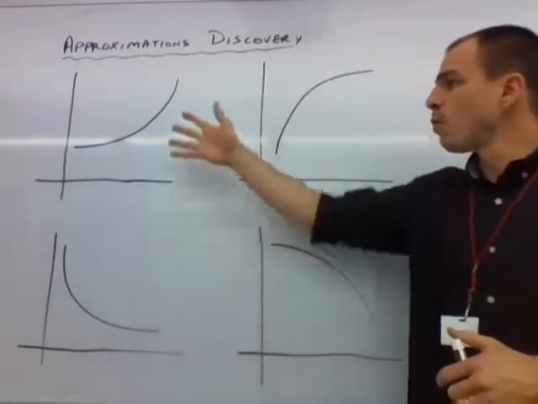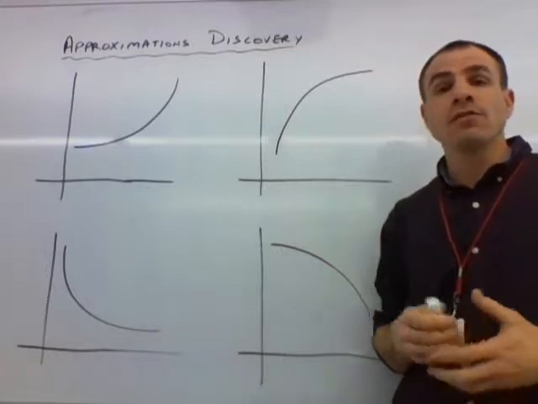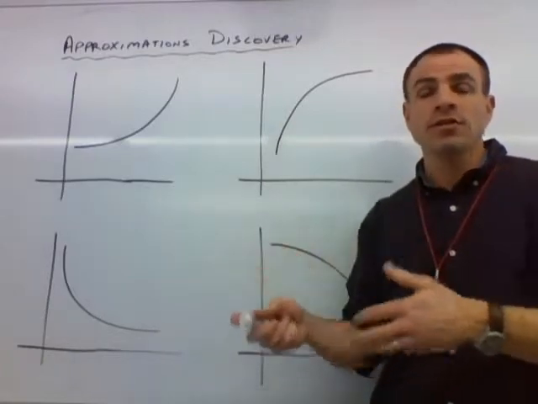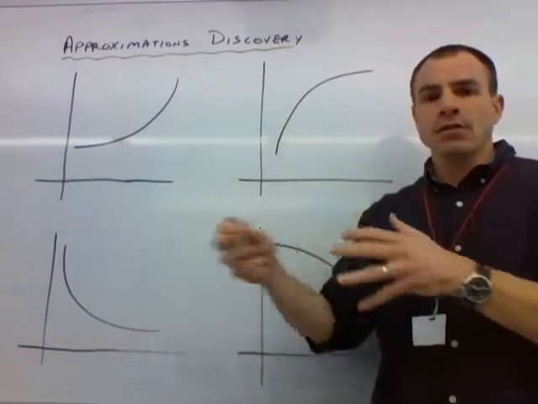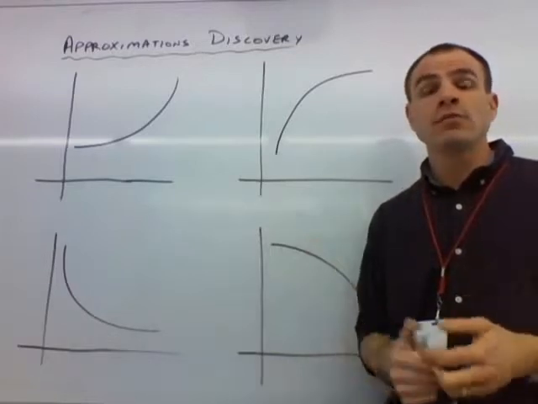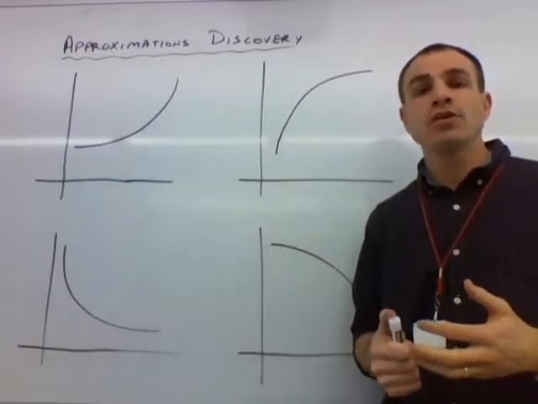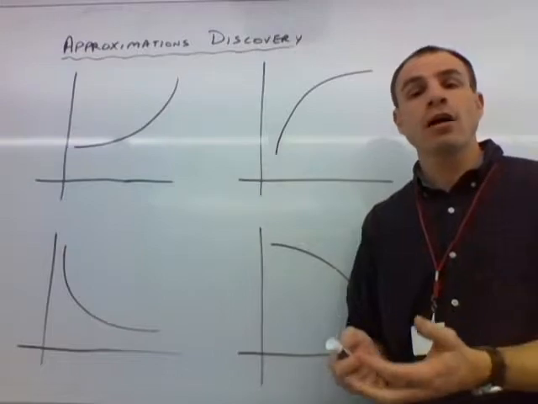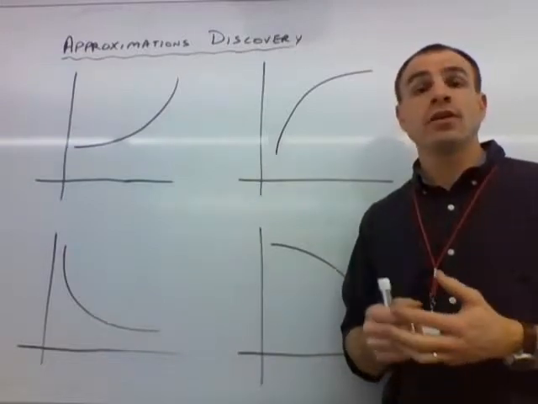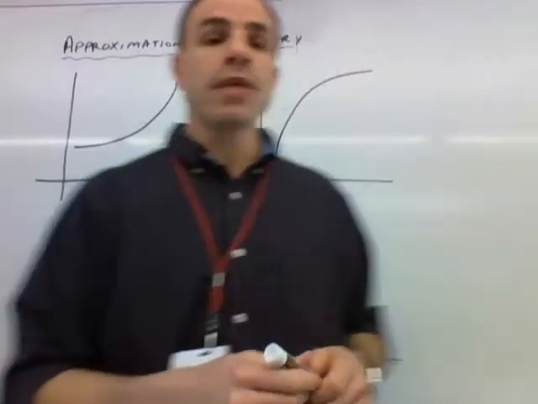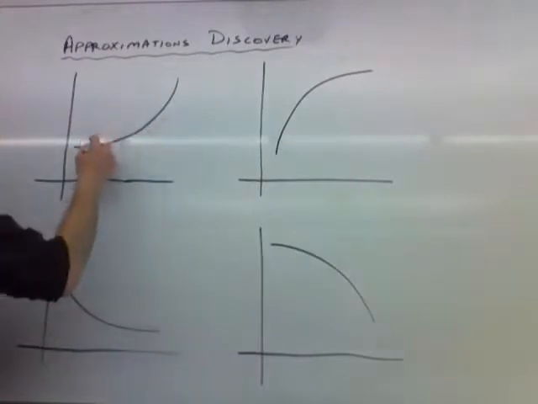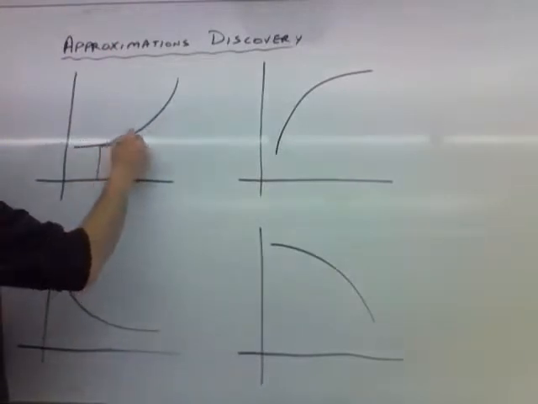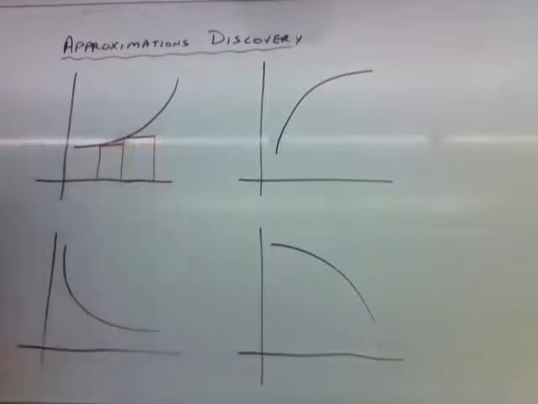Well, these are the 4 different types of curves that we could have going on: increasing and decreasing, concave up, concave down, split up accordingly. So let's make some rectangles in which the upper left-hand corner of each rectangle touches the curve. So if we were to do that for each of these 4 situations, right, and 1 or 2 or 3 rectangles should be plenty to see what's going on.